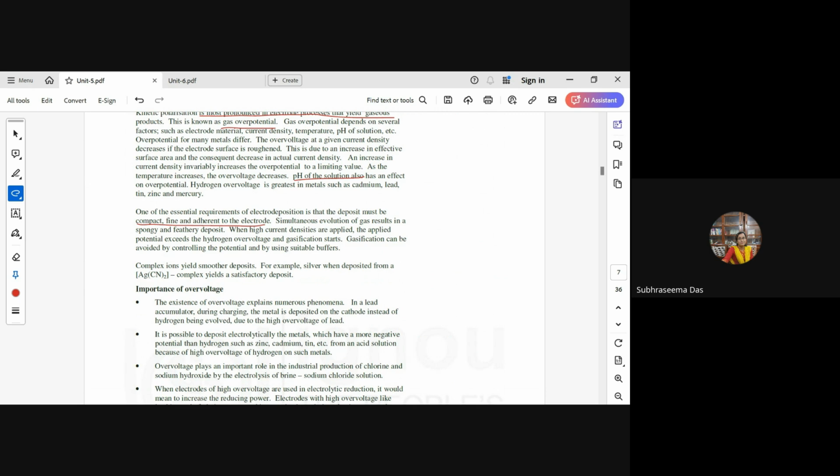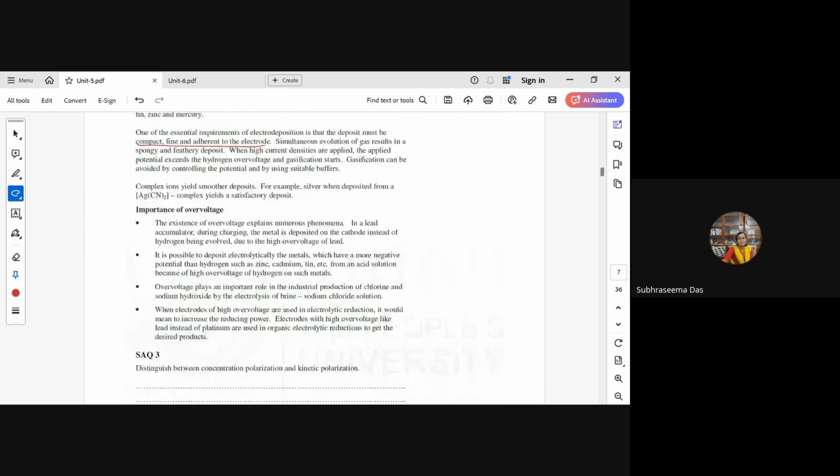Even if you employ higher current density, the applied potential exceeds the hydrogen overvoltage and leads to gasification. Gasification can be avoided by controlling the cathode potential and the other parameters. Complex ions yield smoother deposits. For example, silver deposited from silver cyanide yields a very satisfactory deposit. So these are some of the factors that need to be considered during electrodeposition.